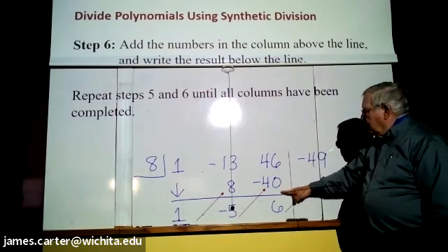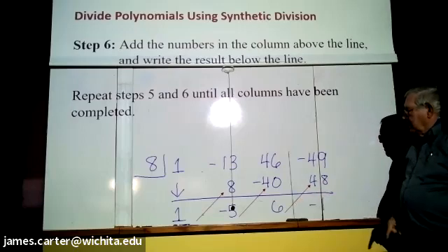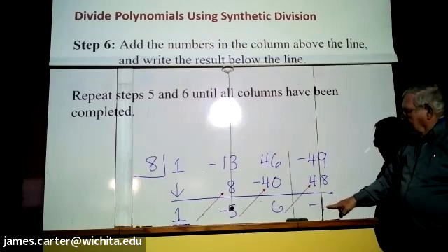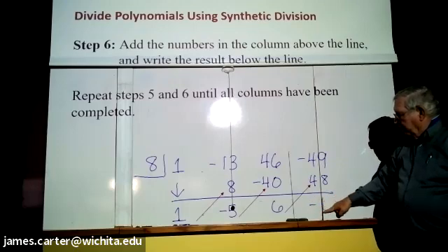We add these two and we get a positive 6. 8 times 6 is 48. We add these and we get a remainder of 1.